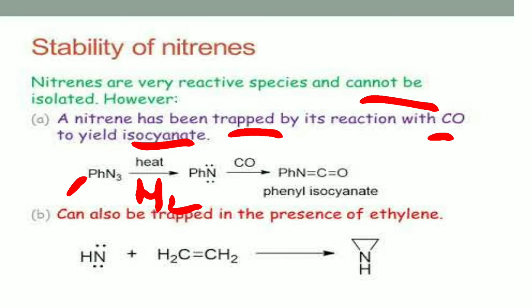Then by addition of CO, there is a formation of phenyl isocyanate. This is the stable compound of the nitrene. It can also be trapped in the presence of ethylene, that is this NH reacts with ethylene, and there is a formation of a cyclic nitrogen compound.